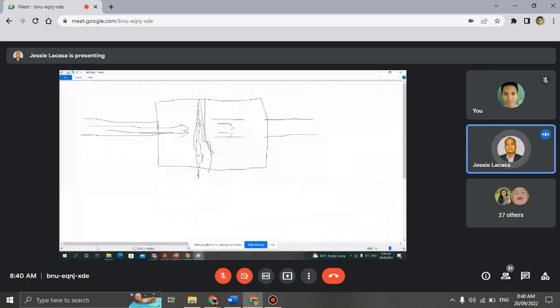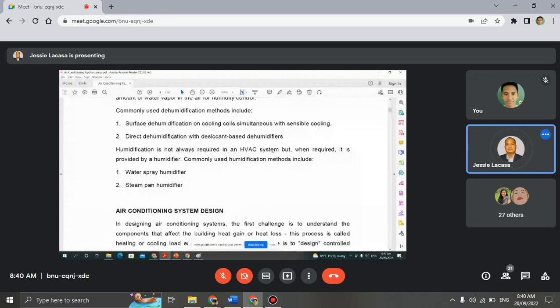Kasagaran mo-pasok ra man siya sa 40 to 70% RH, which is comfort range. Pero kung gikinahanglan, but when required, it is provided by a humidifier.